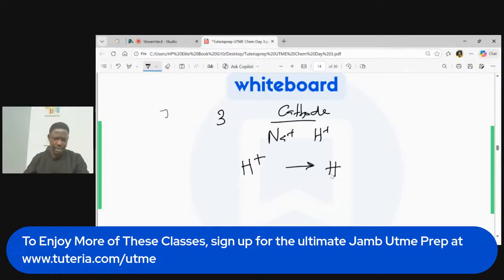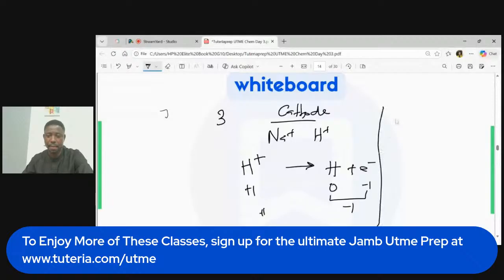Look at this: we have plus one here, and zero here. That shows that we're going to add an electron. If I add the electron to this side, the total charge at the product will be minus one, while this will be plus one, so it's still not the same.